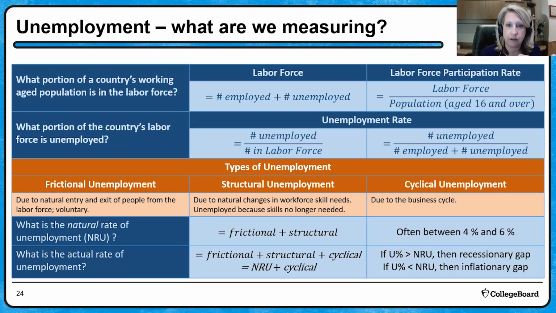The actual rate of unemployment includes the natural rate plus whatever unemployment may or may not exist due to the business cycle. So if the actual unemployment rate is greater than the natural unemployment rate, we have a recessionary gap. And if actual unemployment is less than the natural rate of unemployment, the economy is experiencing an inflationary gap. So there's a summary of what the unemployment calculations look like and what it is we're measuring.